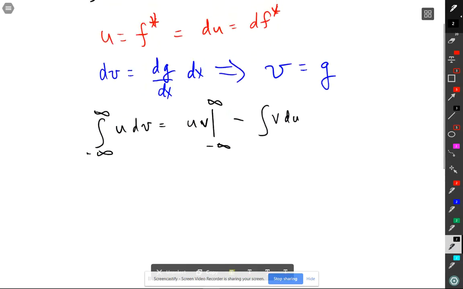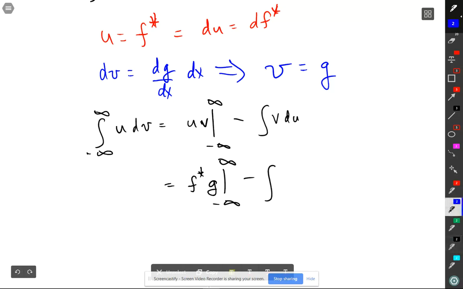So just substituting in, u is f star, v is g, minus the integral, and then I'm going to have v, so I'm going to have g, and then I have df star, and there I'm being complete.